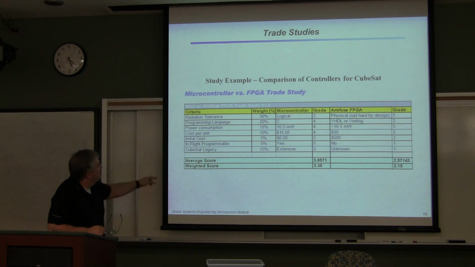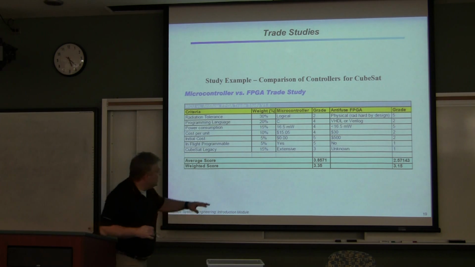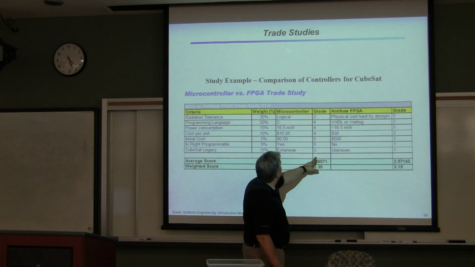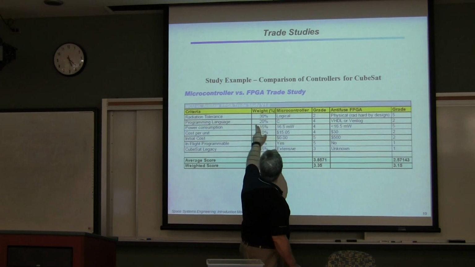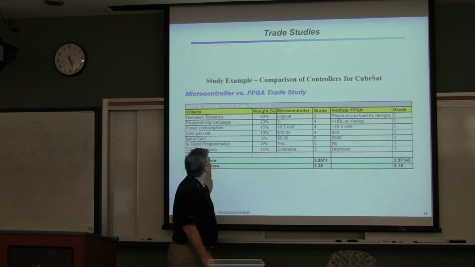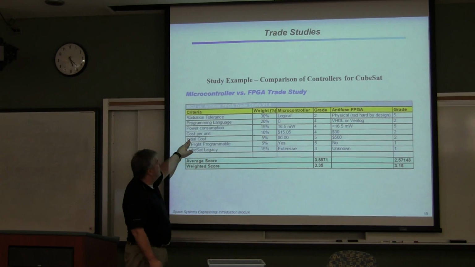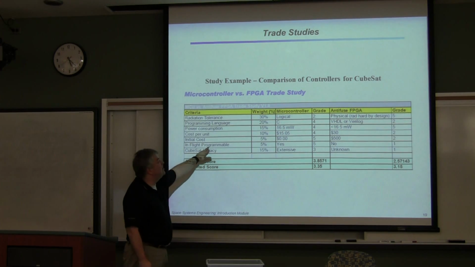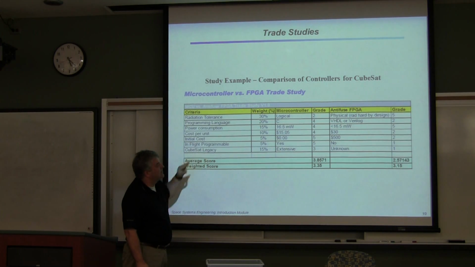All right, so let's say I'm going to do a comparison of a microcontroller versus an FPGA. Which one do I want to put on my next CubeSat? And you identify a grade associated with it, and of course the weight, and based on whether or not it's tolerant to radiation, what its cost is, how much it takes to program, or for that matter, can you reprogram it in flight?